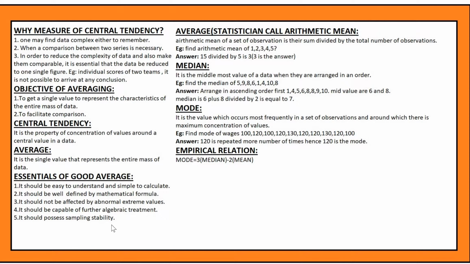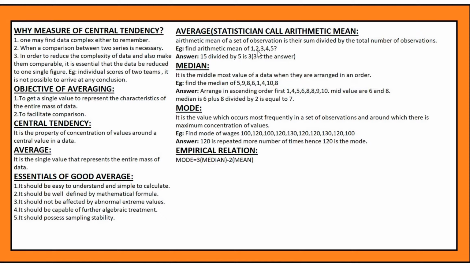So, average. Statisticians call this average the arithmetic mean. In simple words, we will see how to calculate the arithmetic mean. There are different methods of finding the arithmetic mean. We will go for the simplest method to understand it. The arithmetic mean of a set of observations is their sum divided by the total number of observations.